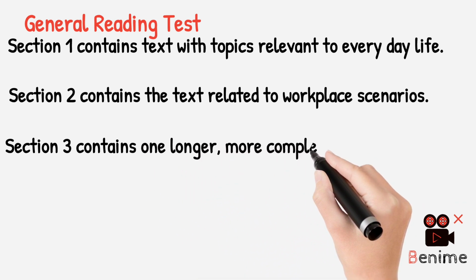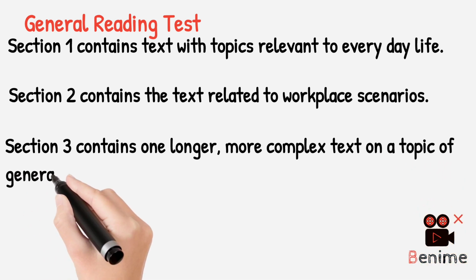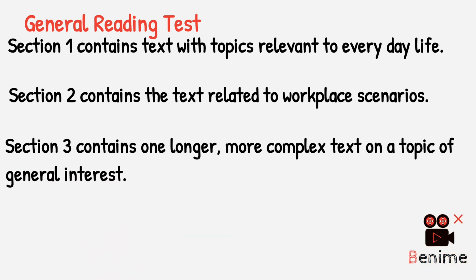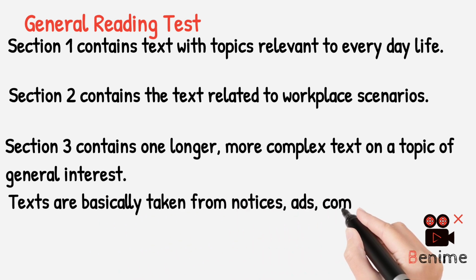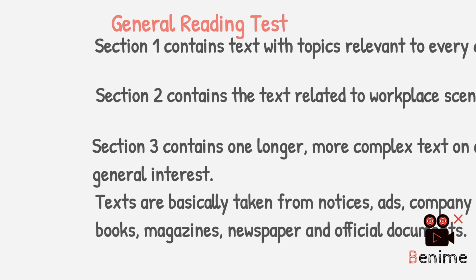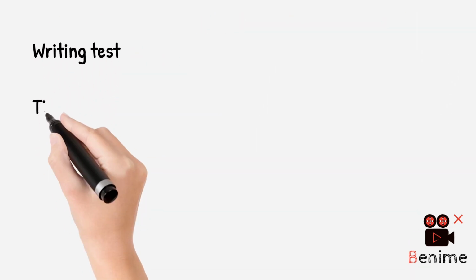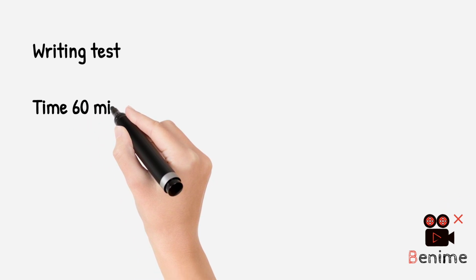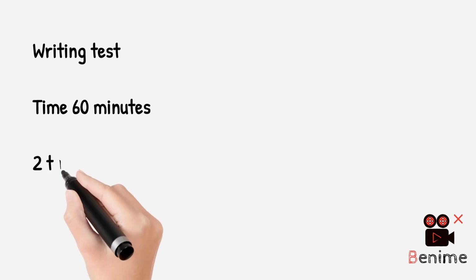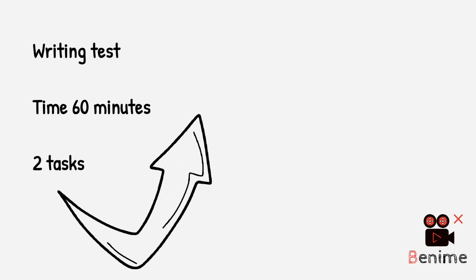Now, your section 3 contains one longer, more complex text on a topic of general interest. Texts are basically taken from notices, ads, company handbook, books, magazine, newspapers, etc. And when you move from one text to another, the complexity level and the length will increase.